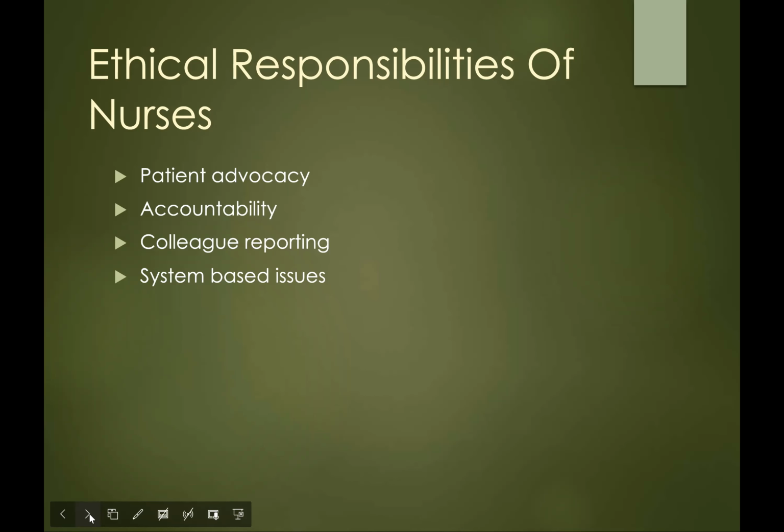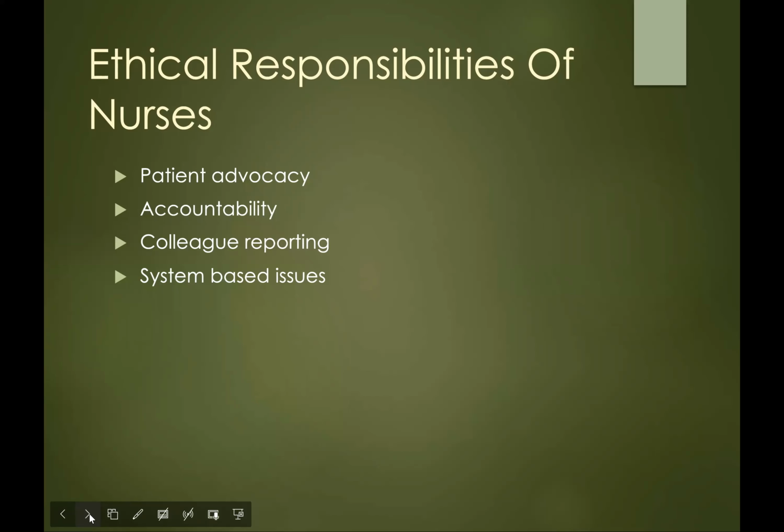Okay, so that's what patient advocacy is, and you need to fully understand your role as an advocate. Your job is to make sure that your patient has enough knowledge and resources to make an informed decision. If they don't, if you don't have the knowledge or the resources, you need to seek them out.